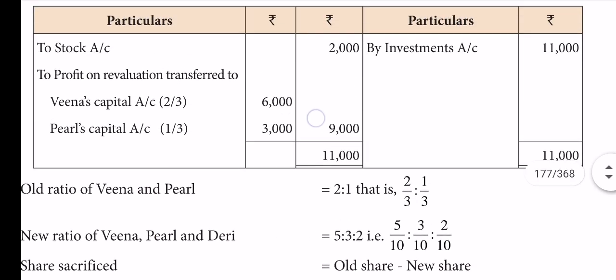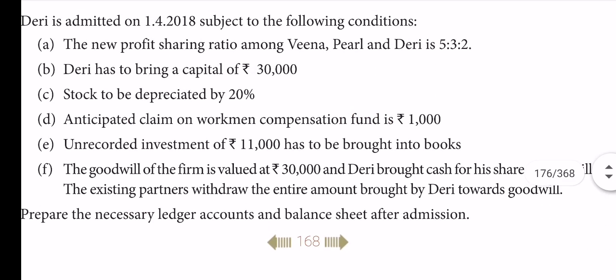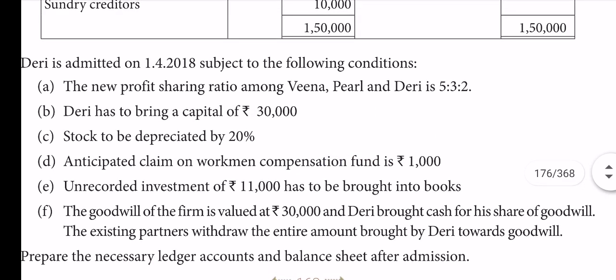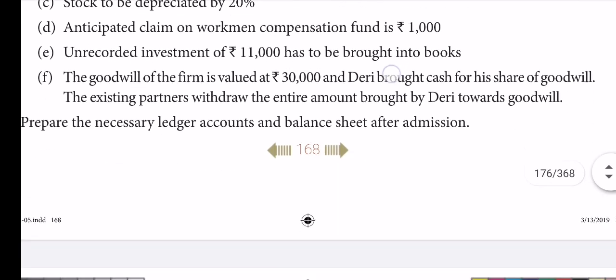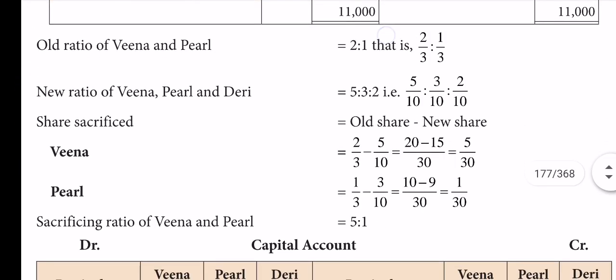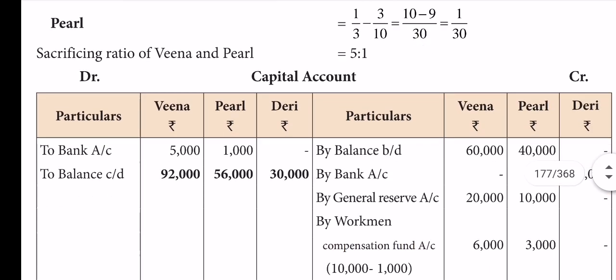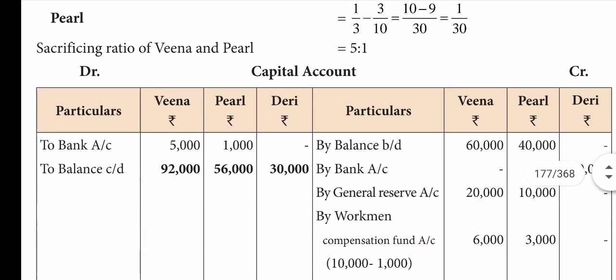Then come to the adjustments. What are the adjustments? Under the new profit sharing, Derry has to bring a capital of 30,000. Therefore, bank account debit to Derry's new partner capital account, so by bank 30,000 is posted.